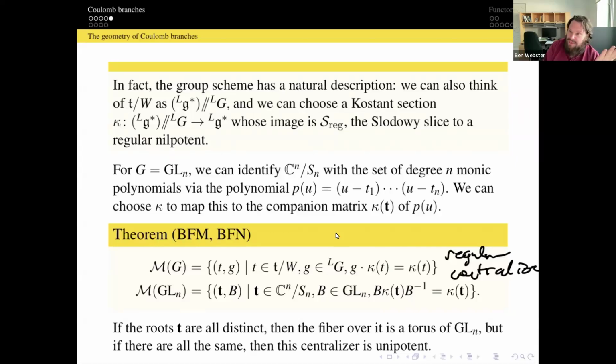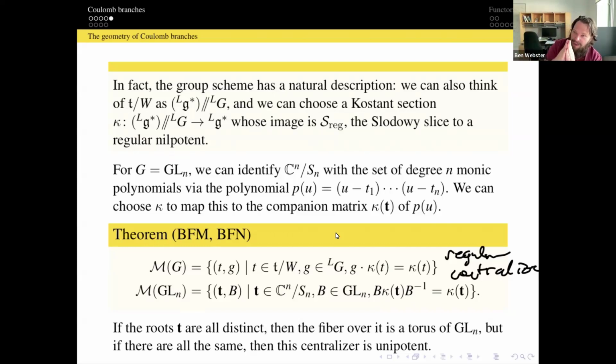All right. So if all the roots ti are distinct, that guy's diagonalizable. And its centralizer is just the diagonal matrices in the basis where it diagonalizes. So I just get a torus generically, but then over points where some of the eigenvalues collide, suddenly I don't get a torus anymore. I get some funny combination of torus and unipotent.